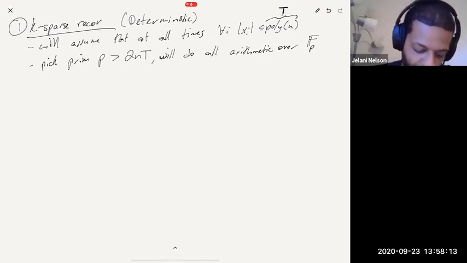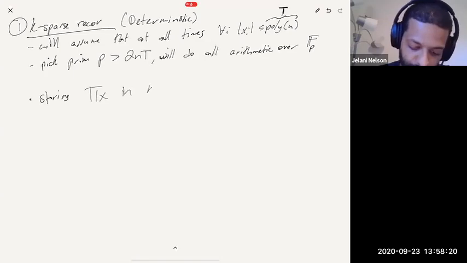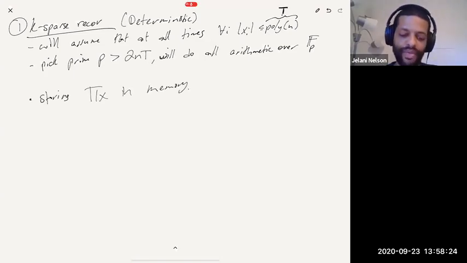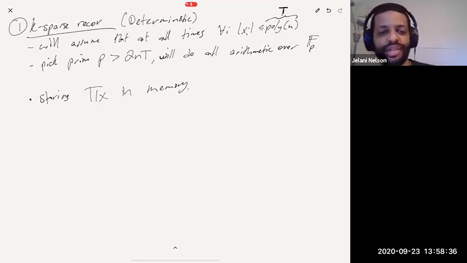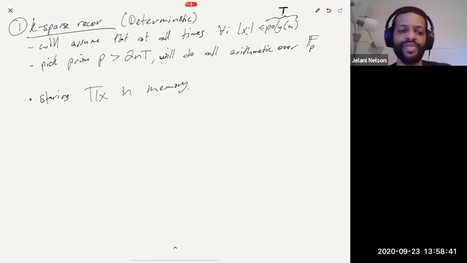So remember, what I'm storing in memory is a linear sketch. If I remember, what k-sparse recovery says is that if x is k-sparse, my query has to be able to return x exactly. So in order for that to be true, at the very least, I need this map, x gets mapped to pi x, to be an injection when you consider it on the set of all k-sparse vectors.